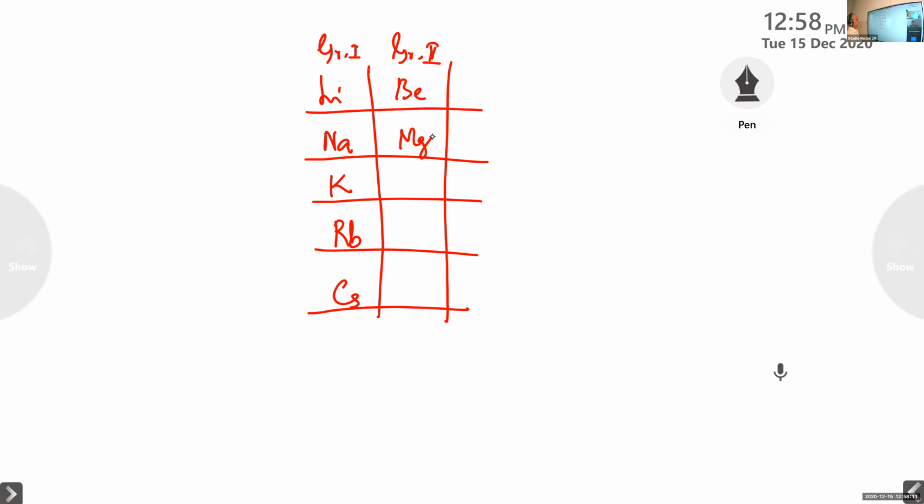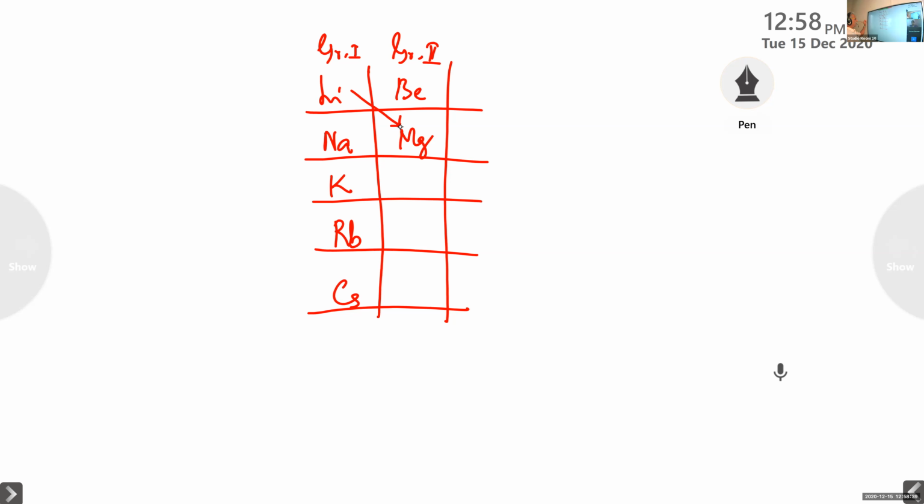Now you can see that the properties of lithium are similar to the properties of magnesium. Magnesium is a member of group 2, while lithium is a member of group 1.